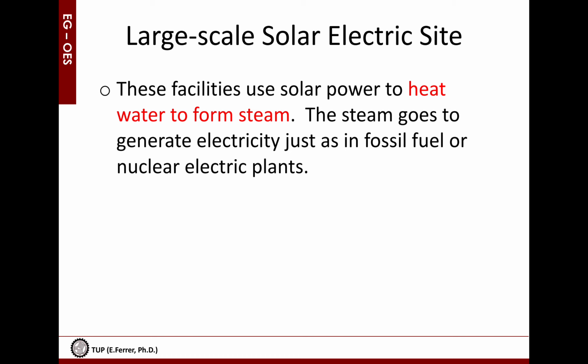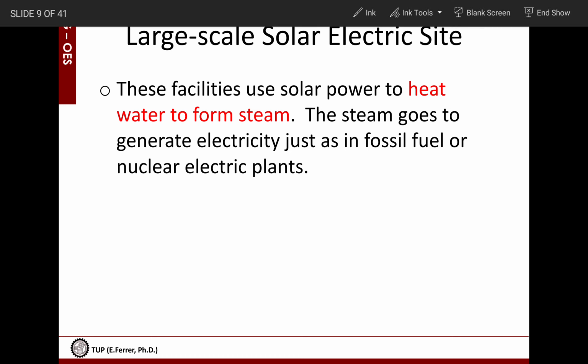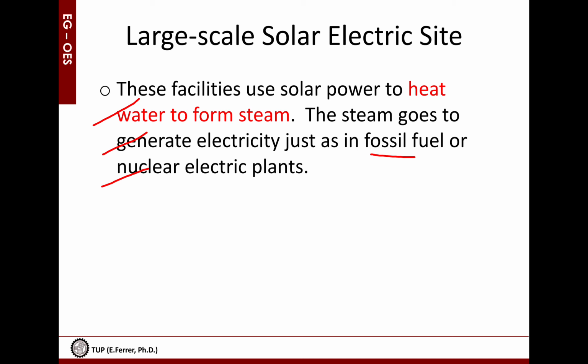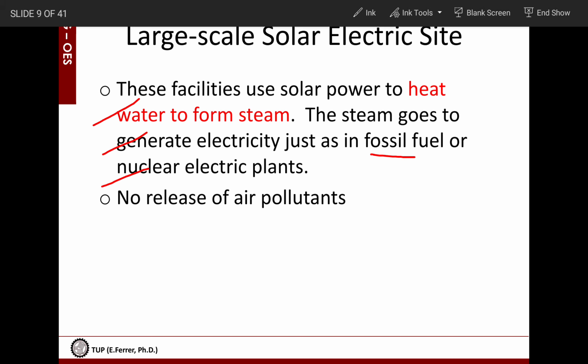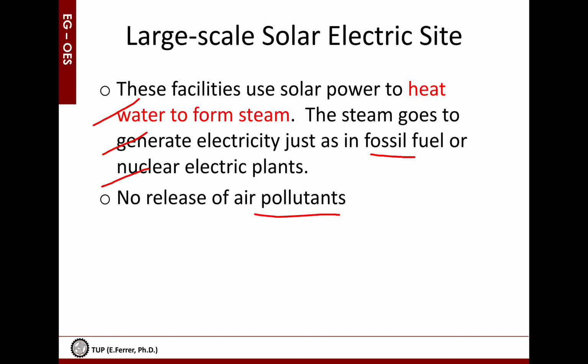So the large scale solar electric site. These facilities use solar power to heat water to form steam. The steam goes to generate electricity just as in a fossil fuel or nuclear electric plant. There is no release of air pollutants. So this is the pros of the large scale solar electric site. The con: no electricity is generated at night.